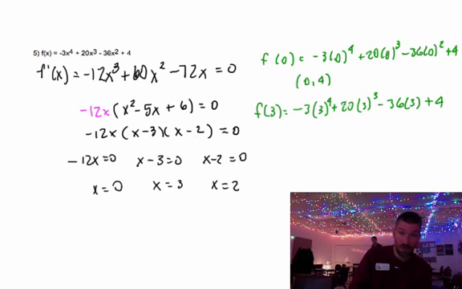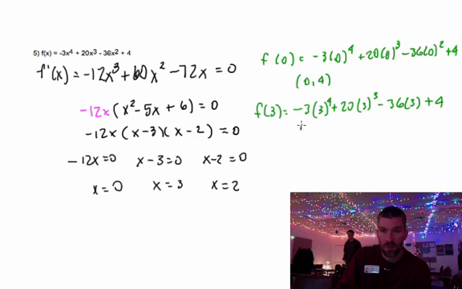X cubed minus 36 times 3 squared plus 4. So this guy's going to give us negative 23, so the point 3, negative 23. And then the last guy we're going to check is 2.